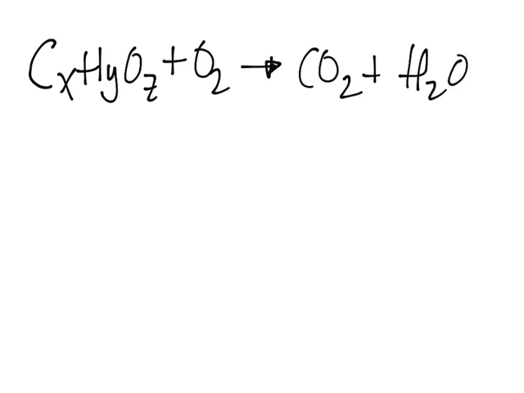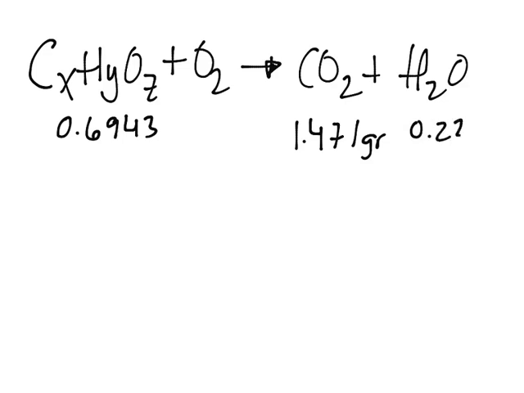And I'm going to write the mass of each just to make it a little bit easier. We have 0.6943 grams of this. Of CO2 we have 1.471 grams. And of water we have 0.226 grams.